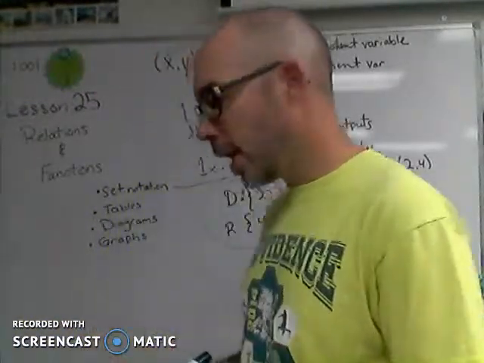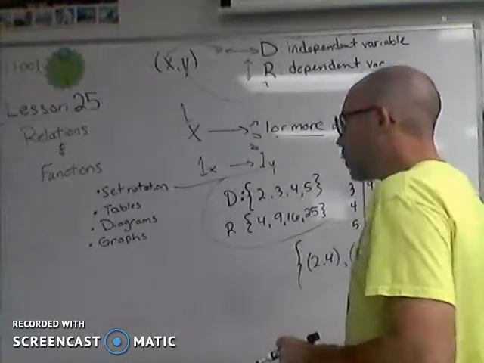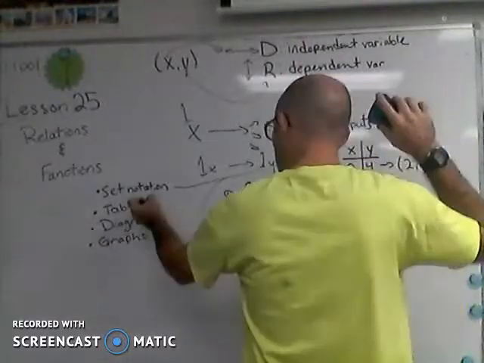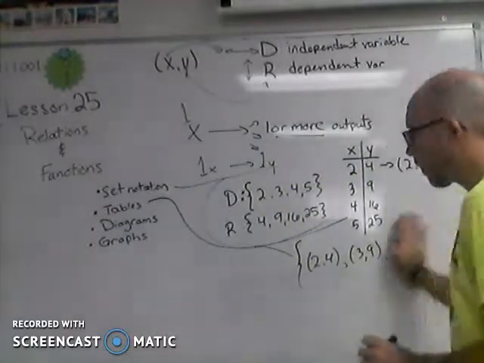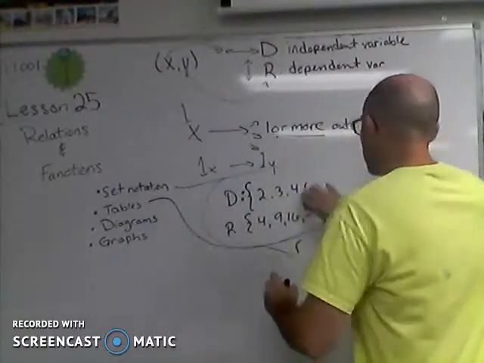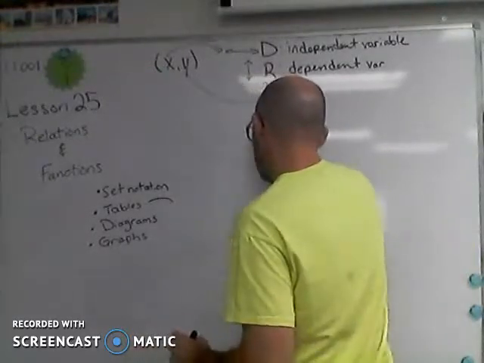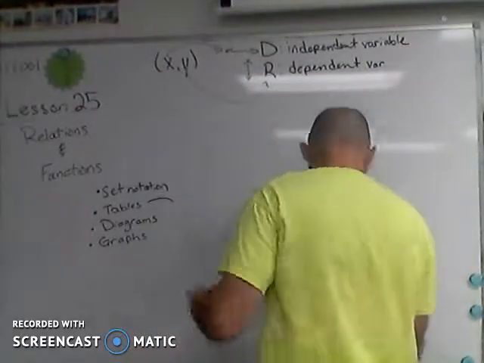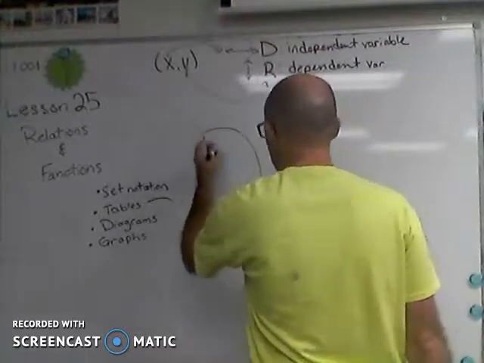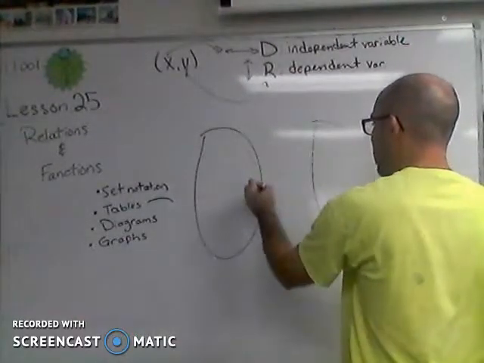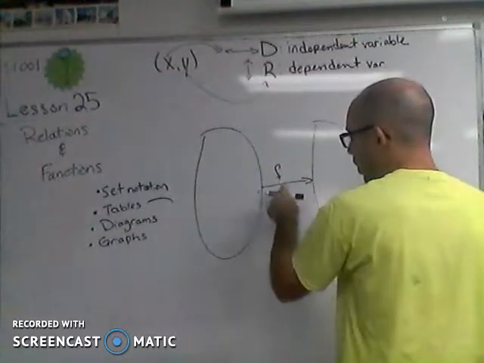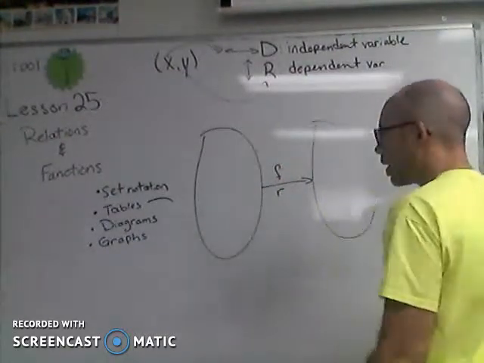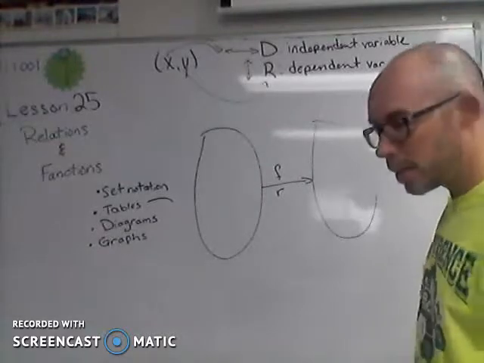Let me talk about diagrams. Okay, this is one that you'll see in tables. Diagrams. They'll use this, it kind of looks like it should be a Venn diagram, but they'll have kind of one grouping over here and one grouping over here, and then you'll have either your function or your relation that's saying those numbers go over to these numbers.